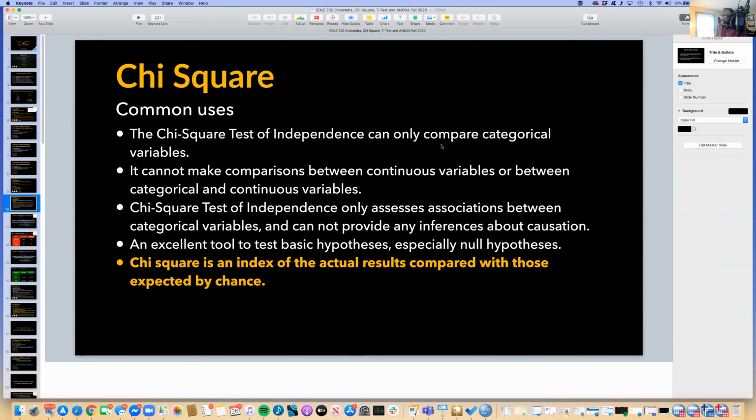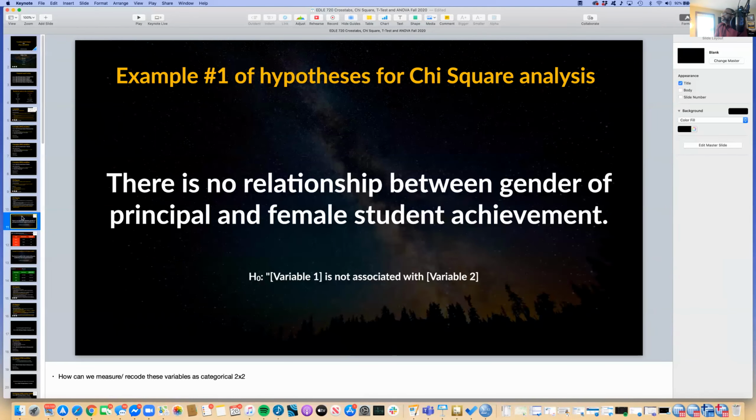Chi-square, again, can only compare categorical variables. It cannot make comparisons between continuous variables and categorical variables. It's an index of actual results compared to those that are expected by chance. Here's an example of a hypothesis for a chi-square analysis.